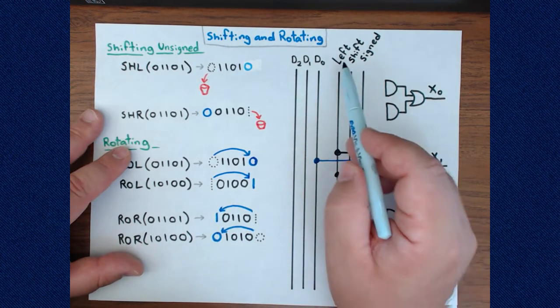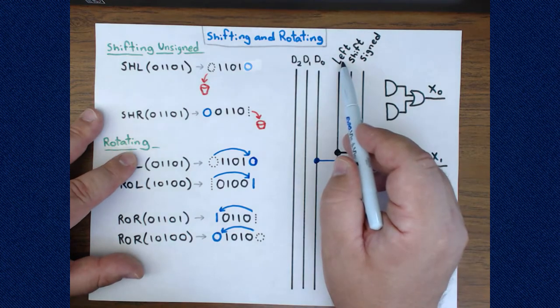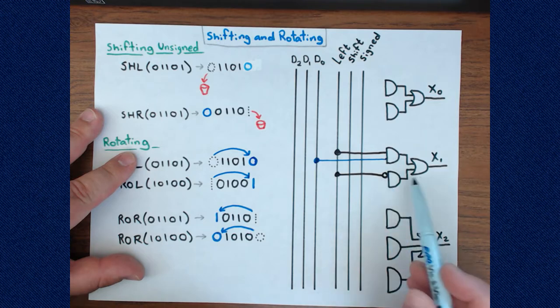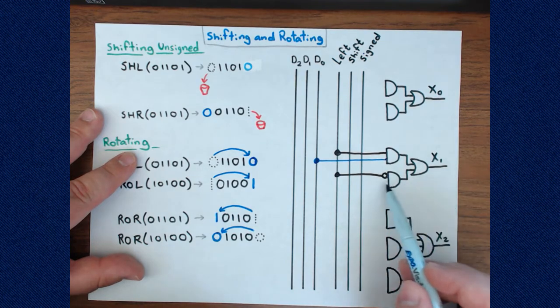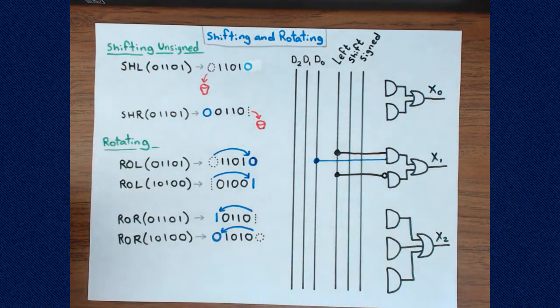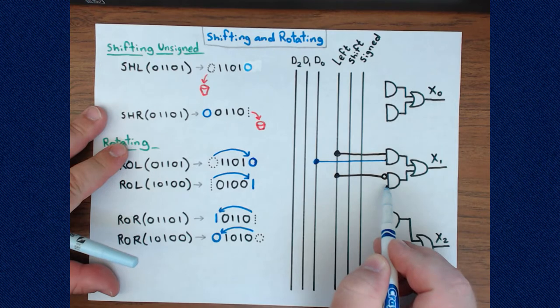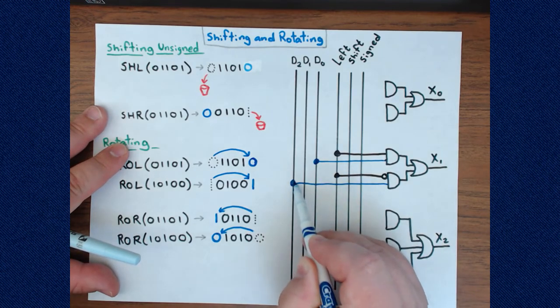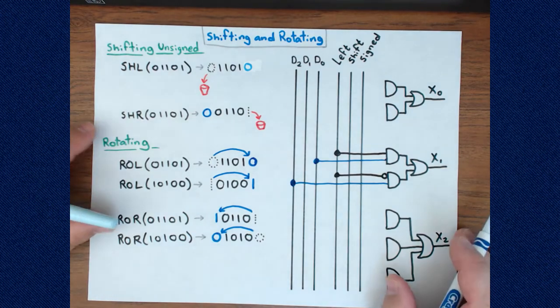But if it's a 0, which means we intend to go to the right, that 0 will come down, get inverted to a 1, and now we're gating this AND so that we're letting the data line that will connect to this go on through to the OR gate. So in this case, that data line is coming from D sub 2. All right, so we're looking pretty good.